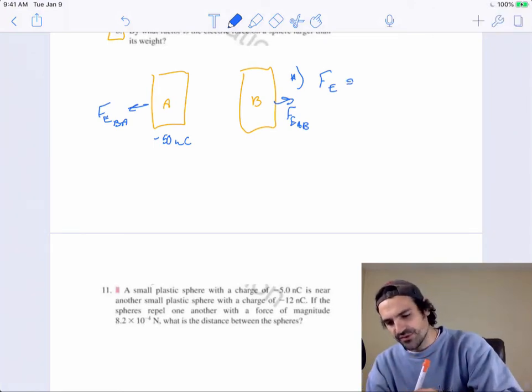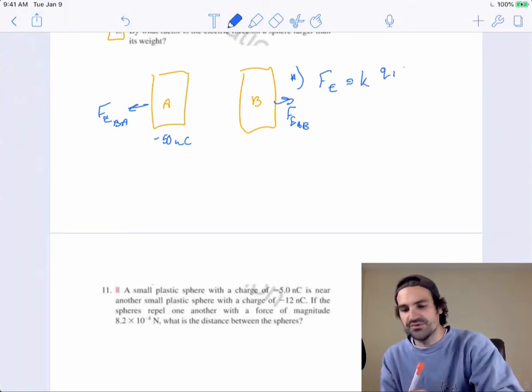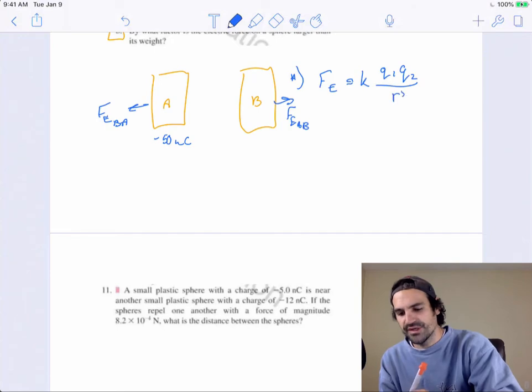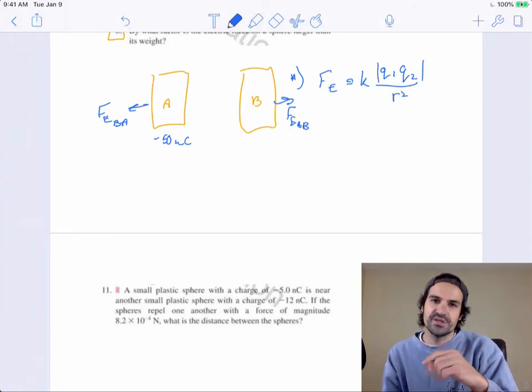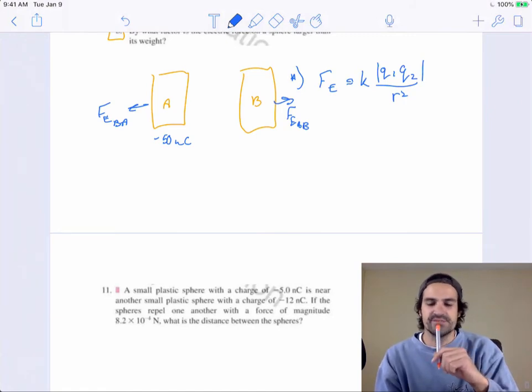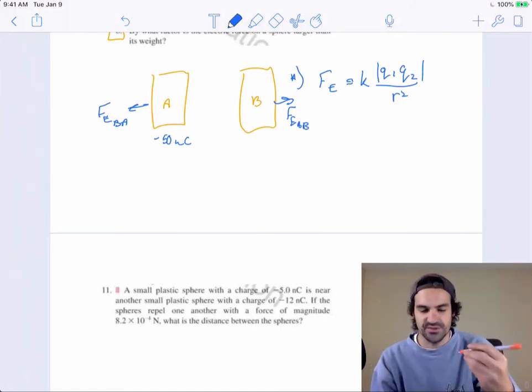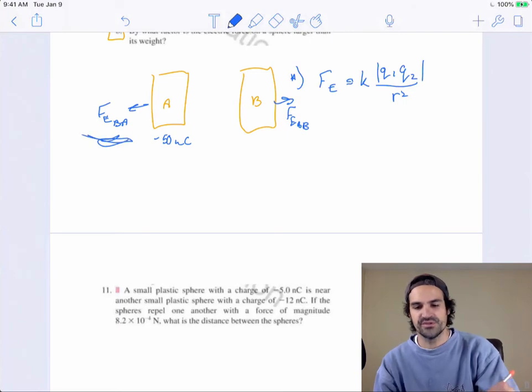Is equal to the Coulomb's law equation, k q1 q2 over r squared. Again, I'm going to put that in absolute values because the signage is more confusing than just looking at it intuitively. We know the electric force is to the left.